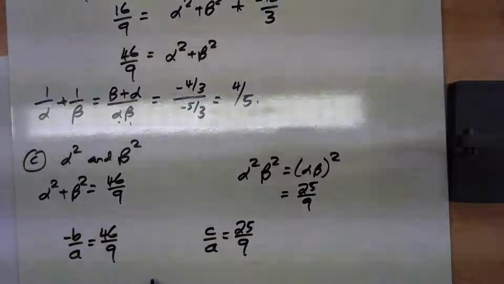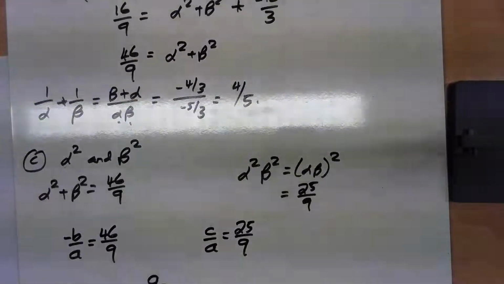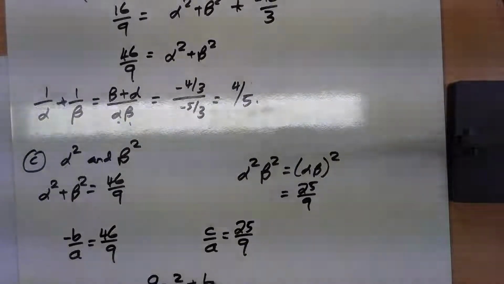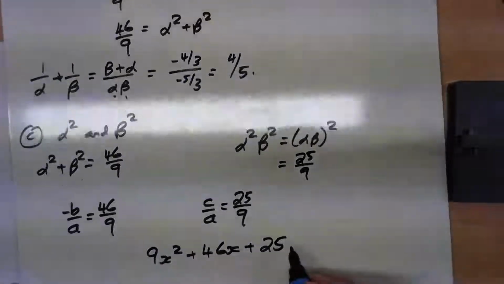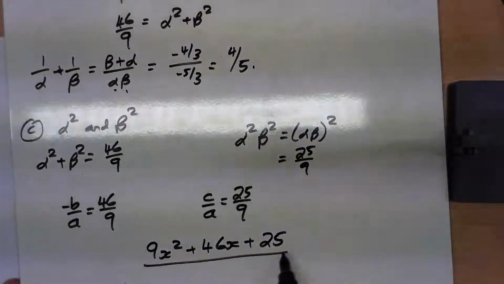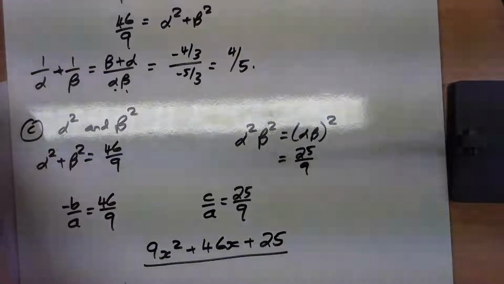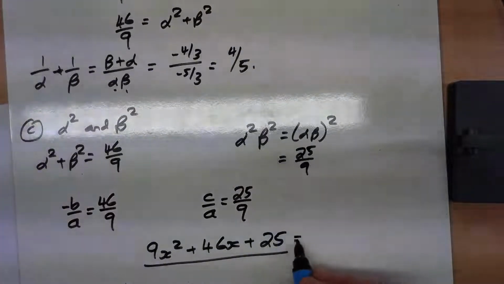I think we can see straight away that we're going to have 9x squared plus 46x plus 25 as our quadratic. It's an equation, so it equals 0.